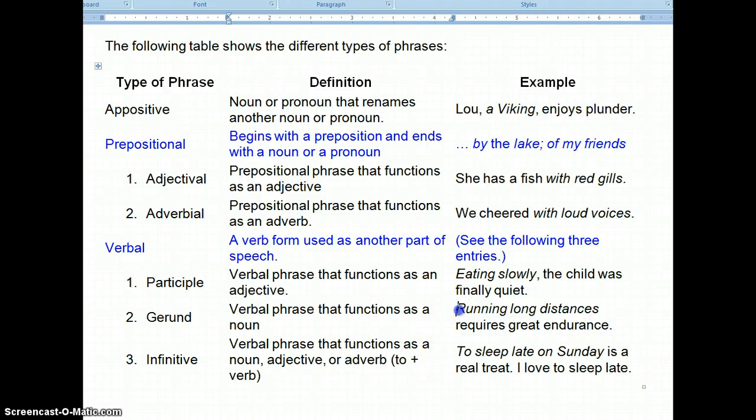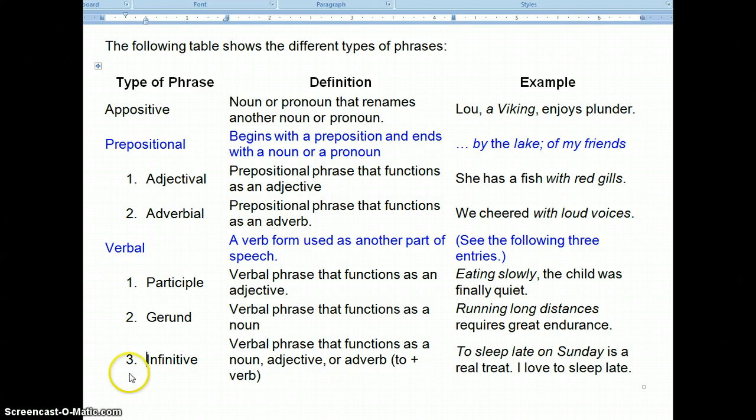So this now becomes the subject and the noun in the sentence. So it is no longer acting as a verb, even though you see this ing that makes you think it's a verb. Again, requires is the verb here, is your action.